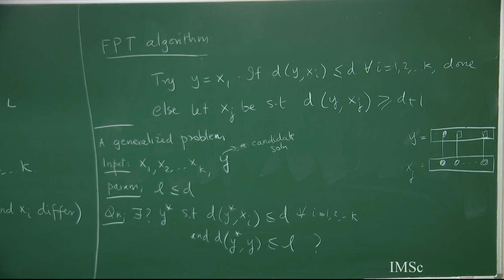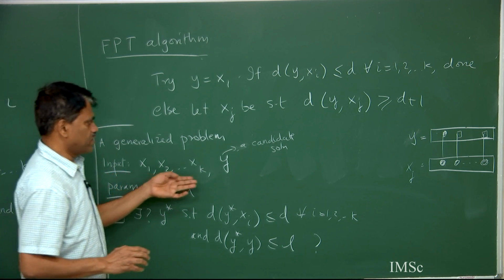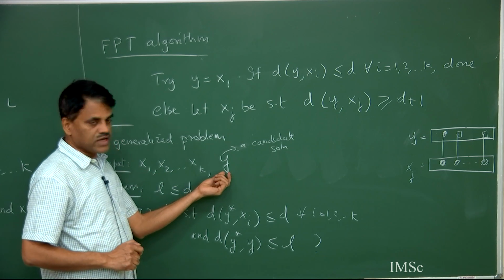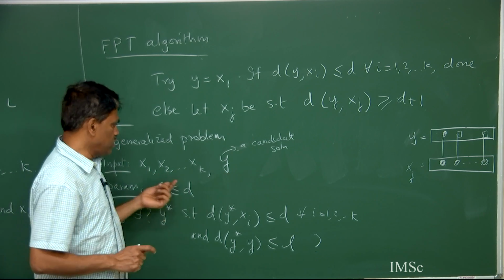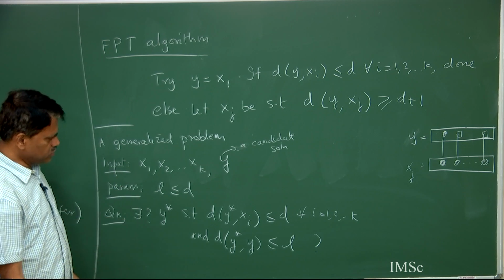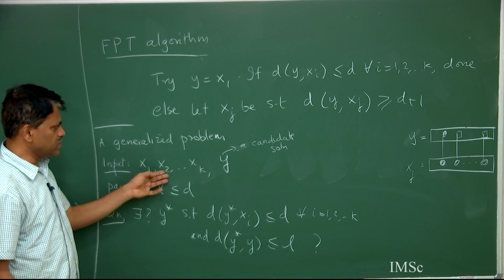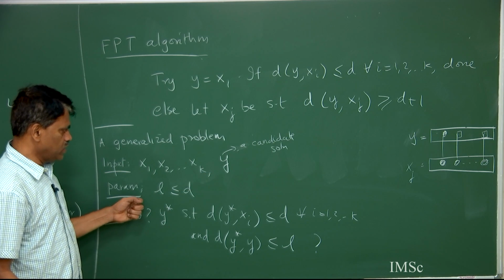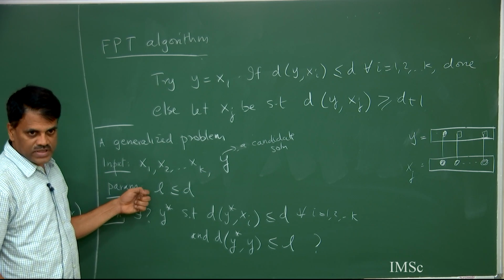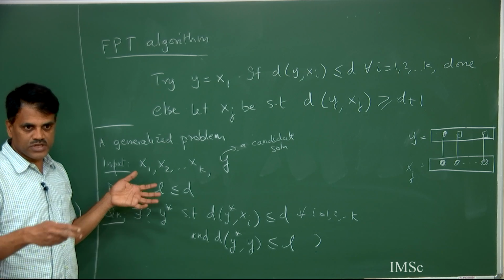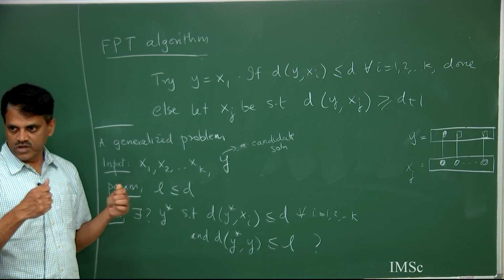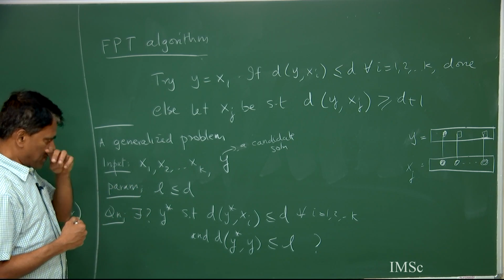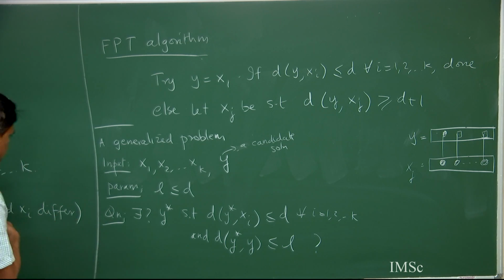Apart from the k strings, I am also given another string, and I want the solution to be at distance at most d from each of these, but with respect to y, at most L. This L is what I am going to use to capture my progress. It is going to come down one by one slowly. Okay, so how do I map this problem to that?